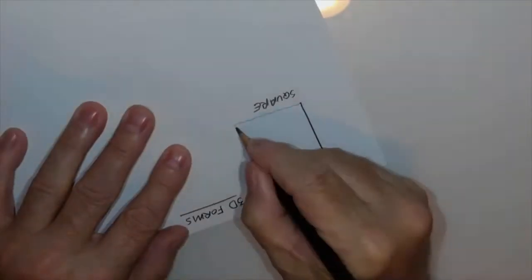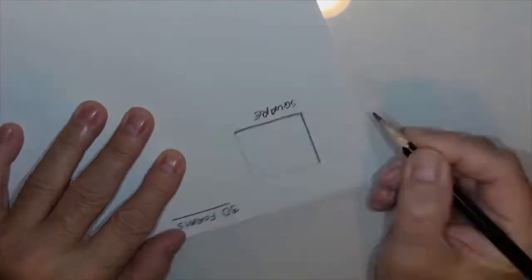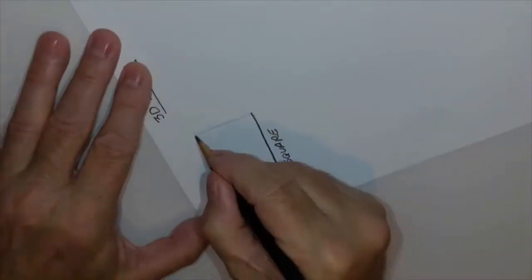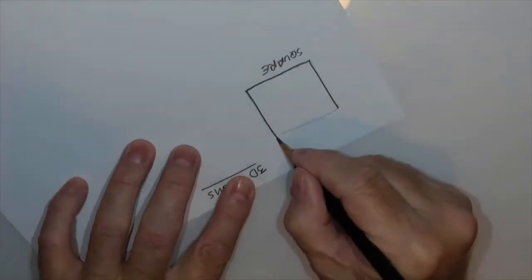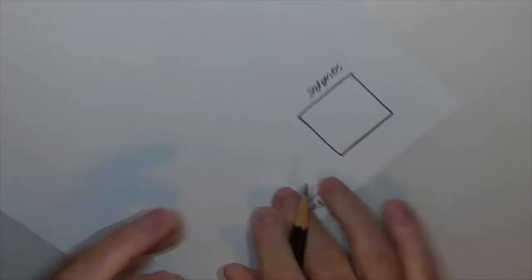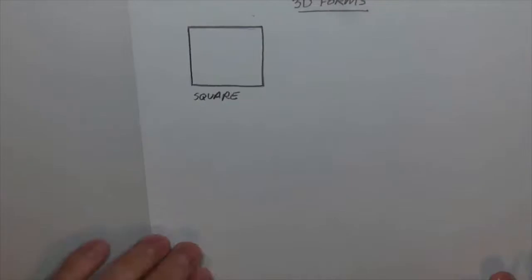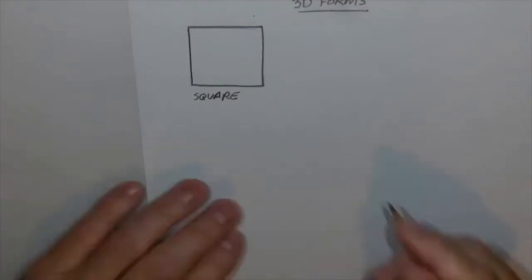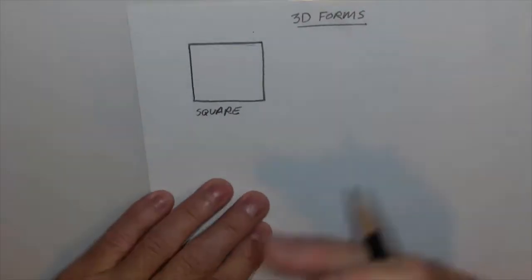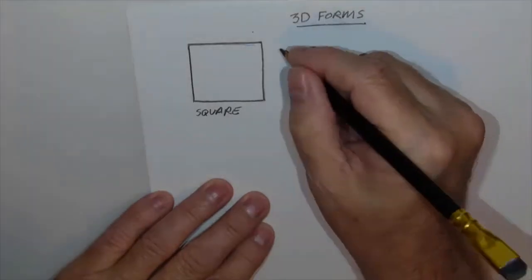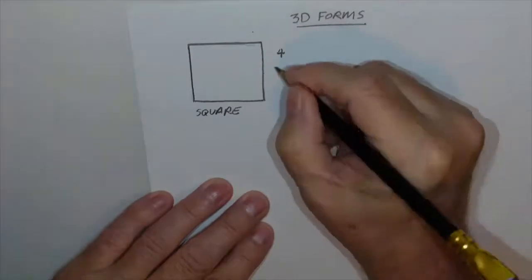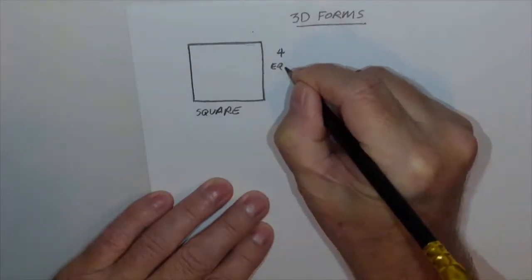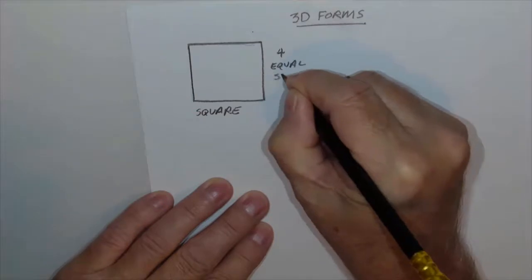And again, when you submit your notes, I'd like to see them submitted with lead pencil over top. So it's just practicing our process of doing blue and then going over in lead pencil. So again, the whole idea of a square is that it has 4 equal sides.